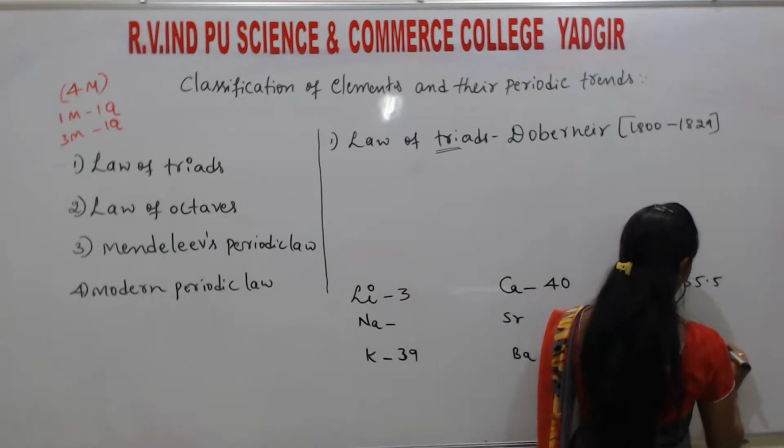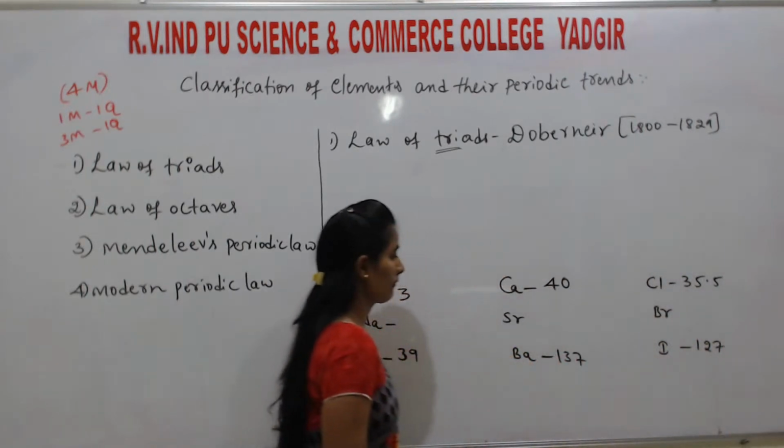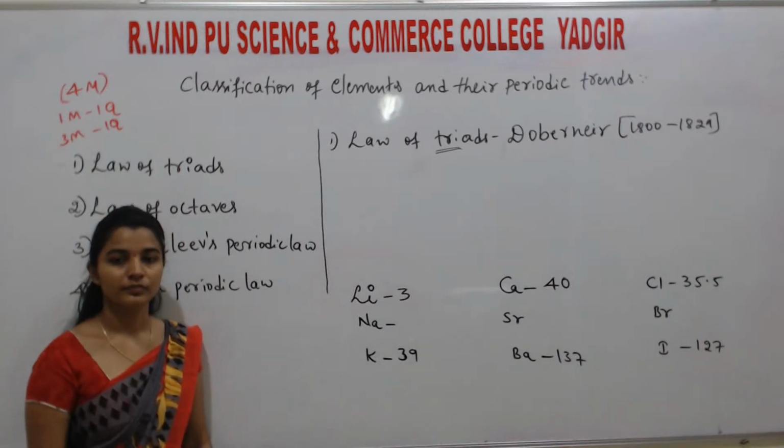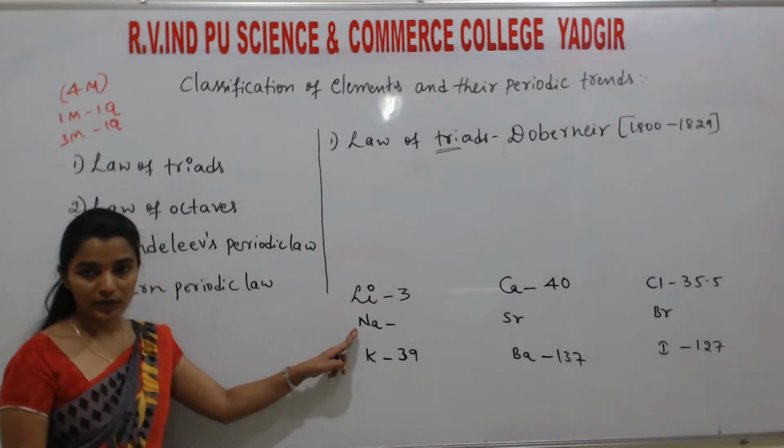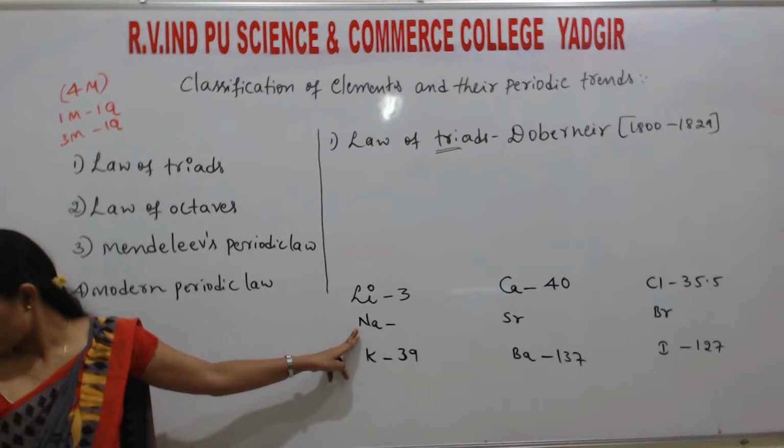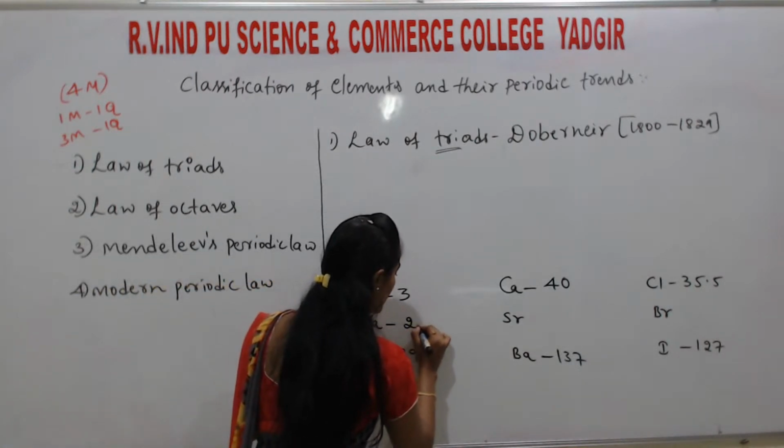This one is 127. Understand? Okay. So in between I write sodium, with atomic mass 23.